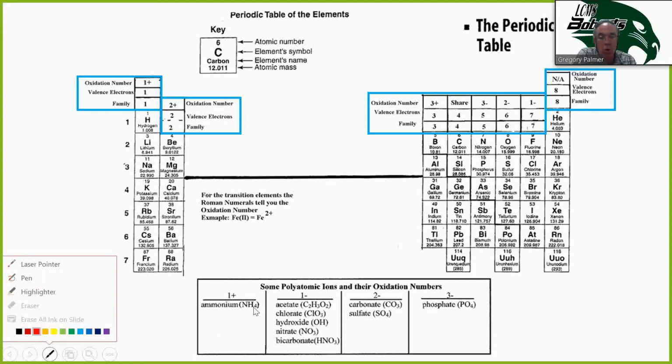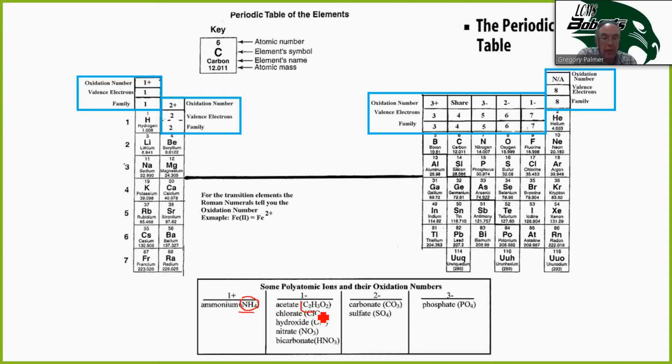This whole thing inside the parentheses is the 1 plus. Just like when you wrote sodium with its 1 plus, you did not change the name of sodium or do anything to it. You are not going to do anything to these things inside the parentheses.